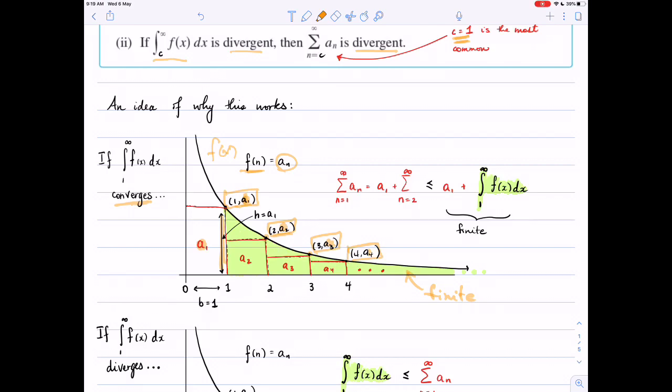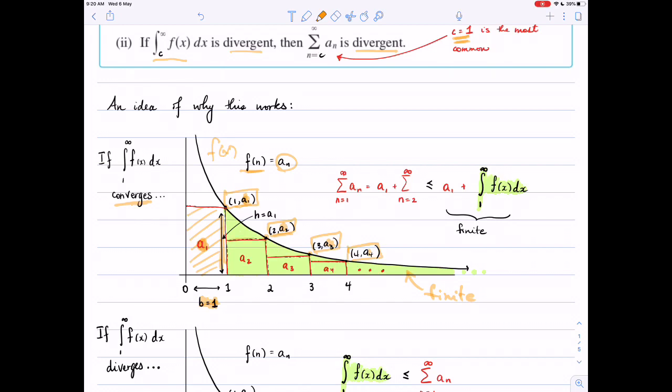And if I choose to make them spaced here with a delta x equals 1, then our base is 1, and the area of that rectangle is base times height, so 1 times a1, so that rectangle has area equal to the first term of the series.